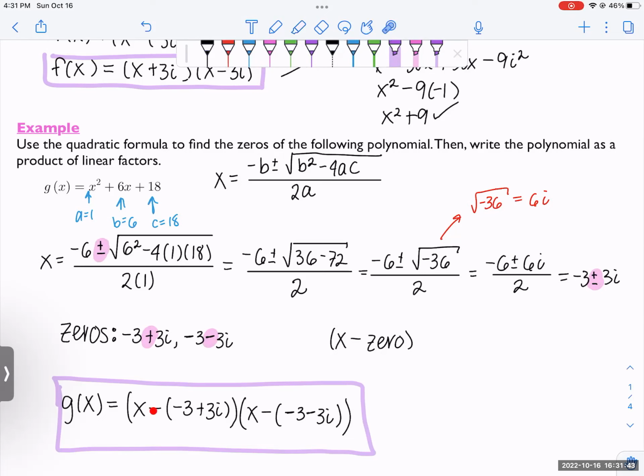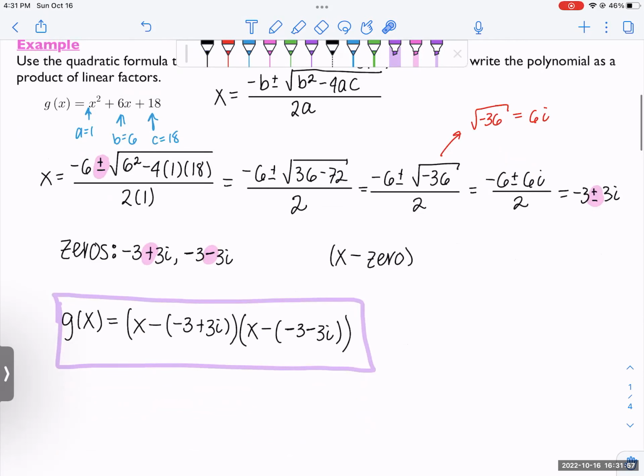I see students changing these guys here, but it's always x minus the zero, x minus the zero. So you're never having an x plus here. Unless, of course, you've simplified something like x minus -7, in which case that is x plus 7. But in the case of the complex conjugate, which is not this case here, it's going to just look messy.